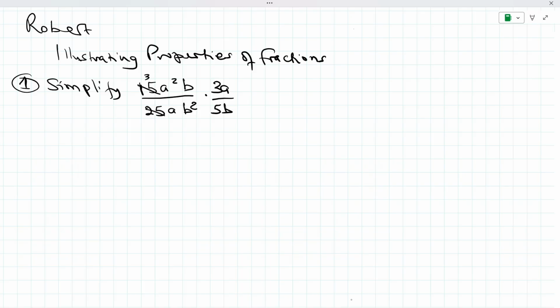And we can divide 25 by 5 to leave us with a 5. So that means we have 3 and another 3 here, which we now have to multiply because we can't simplify it any further. So this whole expression becomes 9. Then, of course, at the bottom here, we have our 5.